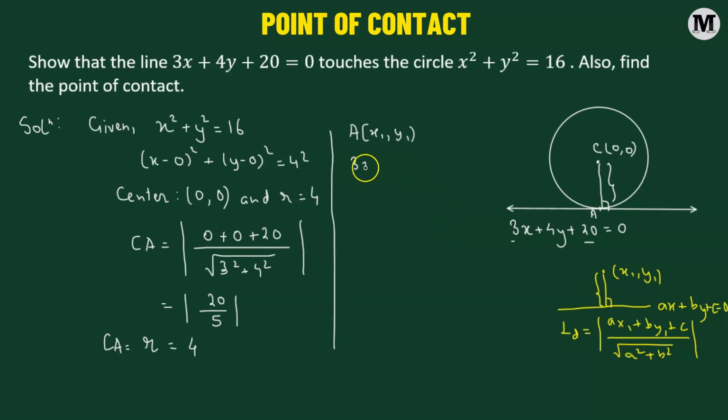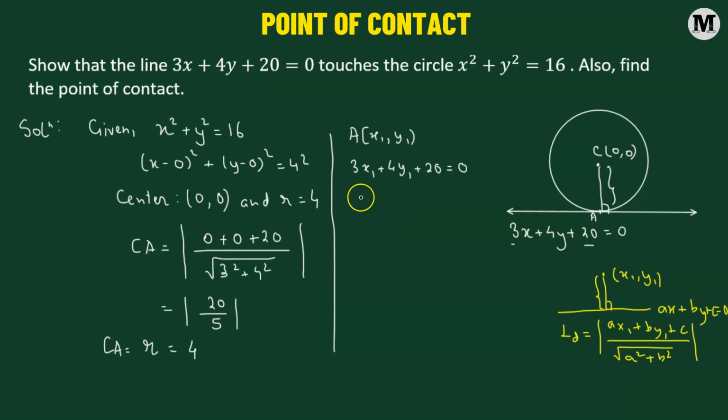So our equation of the straight line will become 3x1 plus 4y1 plus 20 equals 0. So here we will try to isolate y1. So we have 4 times y1 equals negative 3x1 minus 20. Let's divide each term by 4. We get y1 equals negative 3 over 4 times x1 minus 20 divided by 4. That's going to be 5.